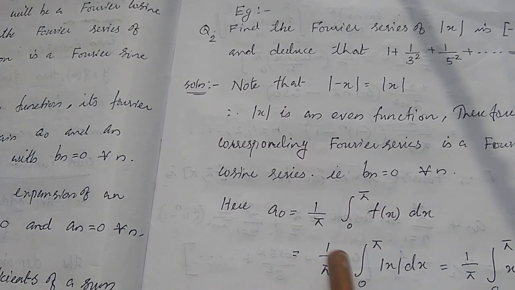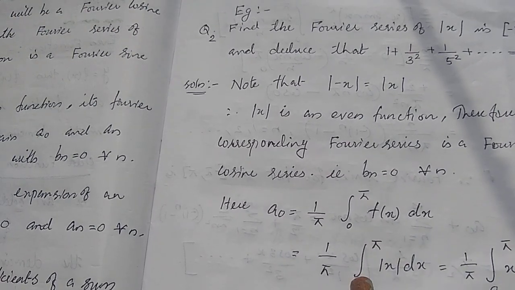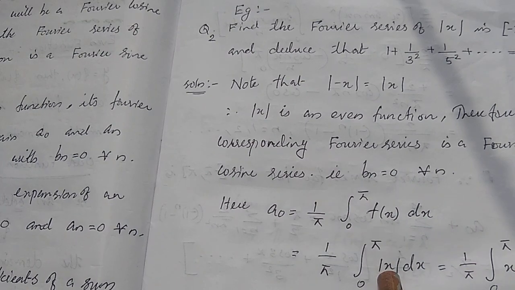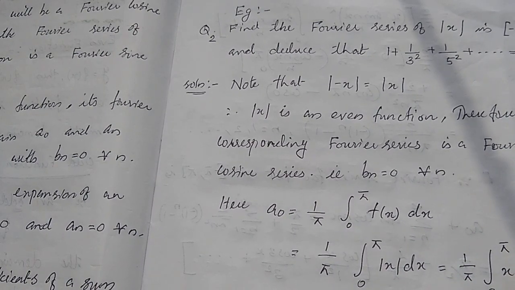How does it become 0 to pi? The interval is exactly minus pi to pi, but this is an even function, so the integral reduces to 2 times the integral from 0 to pi. That's equal to 1 by pi integral 0 to pi mod x dx. But in the interval 0 to pi, mod x is nothing but x itself, so we can replace that with x.